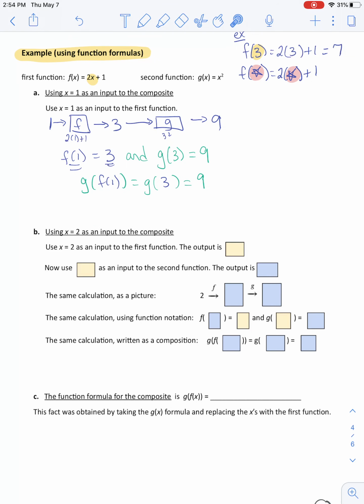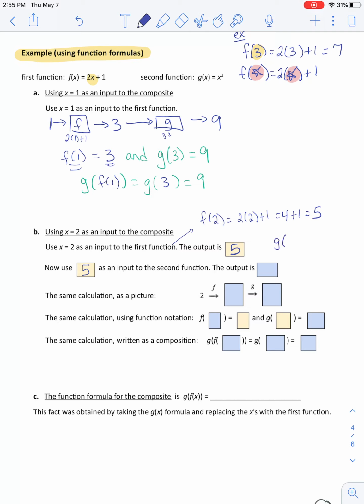So if I use 2 as the input, and put it into the first function, f of 2 is 2 times 2 plus 1, or 4 plus 1, which is 5. That output now becomes the input for the next function.